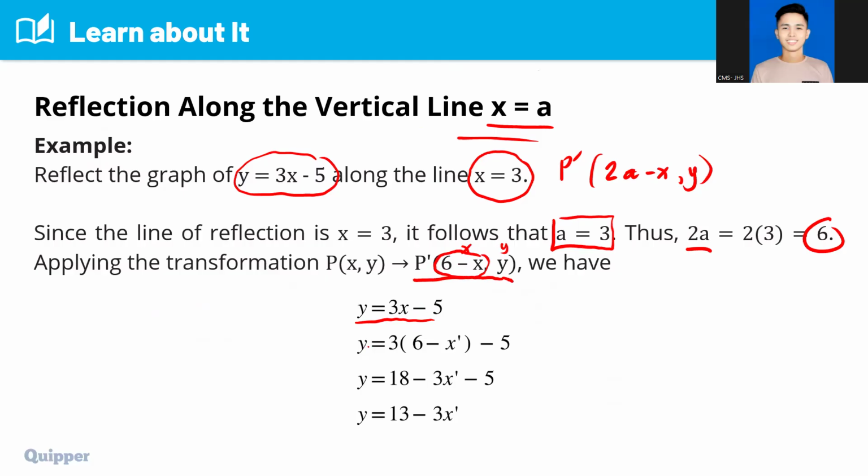So it will become y = 3 multiplied by (6 - x), then minus 5. Simplify: 3 times 6 is 18, and 3 times negative x is -3x, and then minus 5. Combine like terms: 18 minus 5 is 13. So the reflected equation now is y = 13 - 3x.